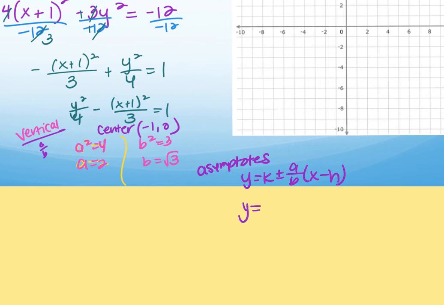So y equals k, which is 0, plus and minus, a is 2, b is square root 3, x minus a negative 1 becomes x plus 1. We can lose the 0 and we have to rationalize the 2 over root 3. So this becomes y equals plus and minus 2 root 3 over 3 times (x plus 1).